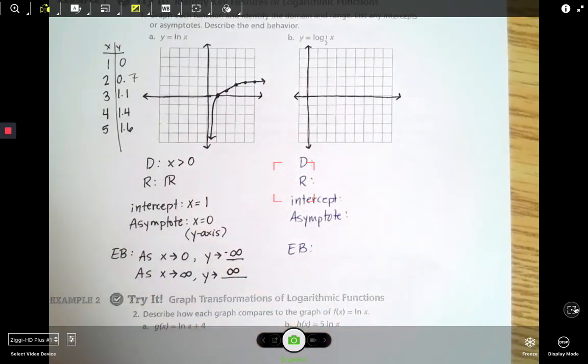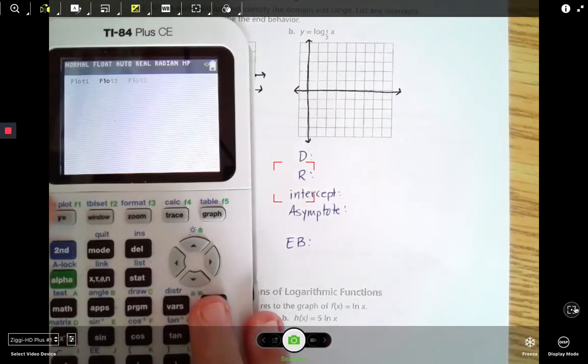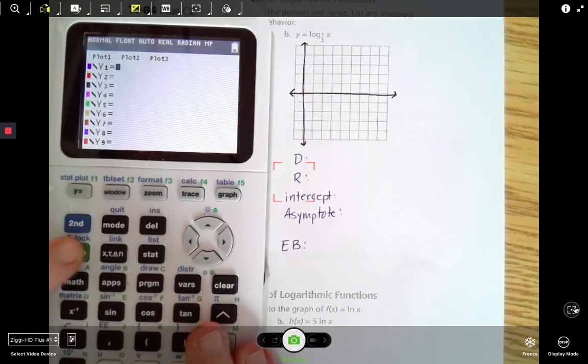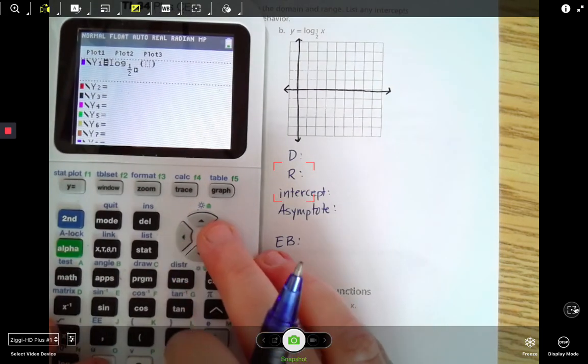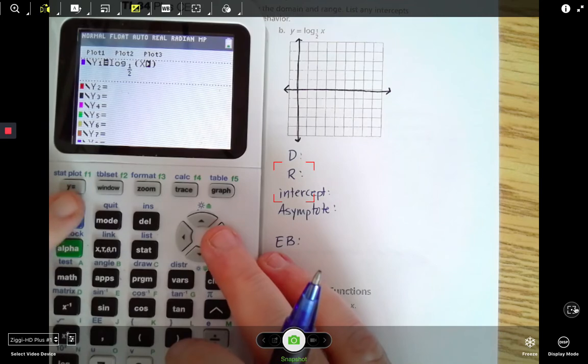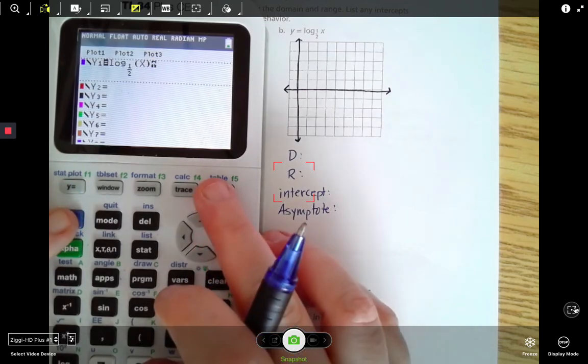Alright, this graph, I'm going to do the same thing. I'm going to put 1/2, log base 1/2 of x.